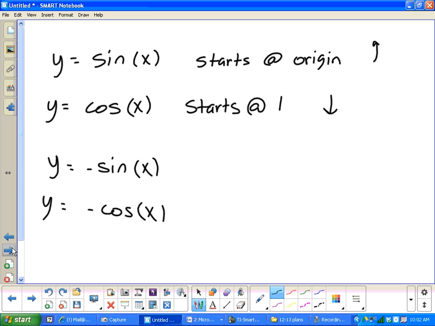I'm not going to draw my unit circle every time I have to do a sine or cosine graph. We just did that for the first one, so we could get the basics. So it starts at the origin, and then it goes up. All right, now cosine. Cosine didn't start at the origin, it started up at 1 and then went down.